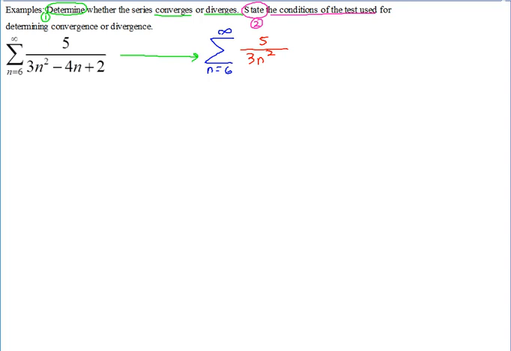So this is essentially the same as we pull the 5/3 on the outside, and then we have the sum from n equals 6 to infinity of 1 over n squared. And now you can see this fits a p-series test, 1 over n squared, where p equals 2. And since that's greater than 1 by the p-series, that means this converges.